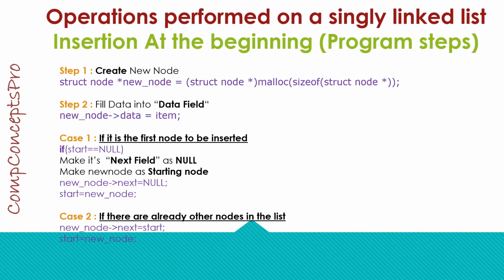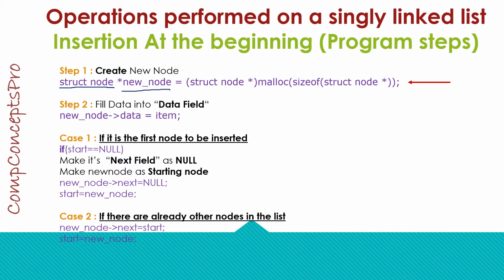So these are the statements that you have to write in the program. First, to insert a new node, we have to create one. So this is how we create a new node. Its data type will be struct node. This new node is the user defined name given to the node to be inserted.